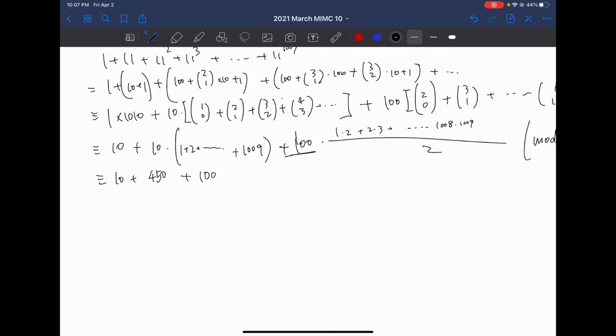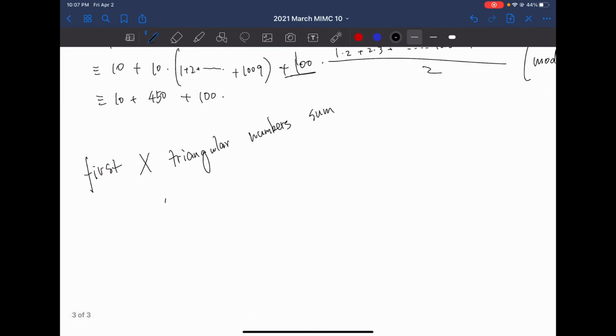And there is a formula for the sum of the first x triangular numbers: the sum would be equal to x times (x plus 1) times (x plus 2) all over 6.